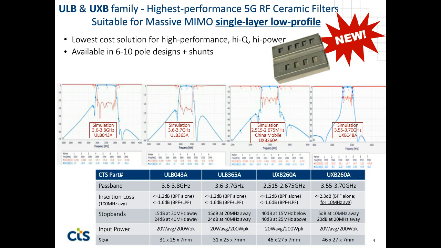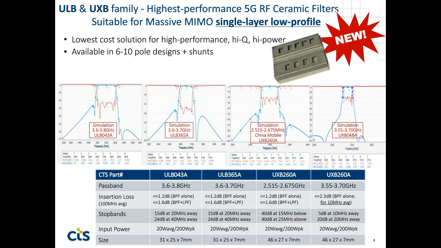So the ULB is the smaller of the two. So this is universal footprint single layer bandpass filter, and the UXB is the universal footprint extended single layer bandpass filter. The ULB is about 31 by 25 millimeters in size and only about 7 millimeters high.